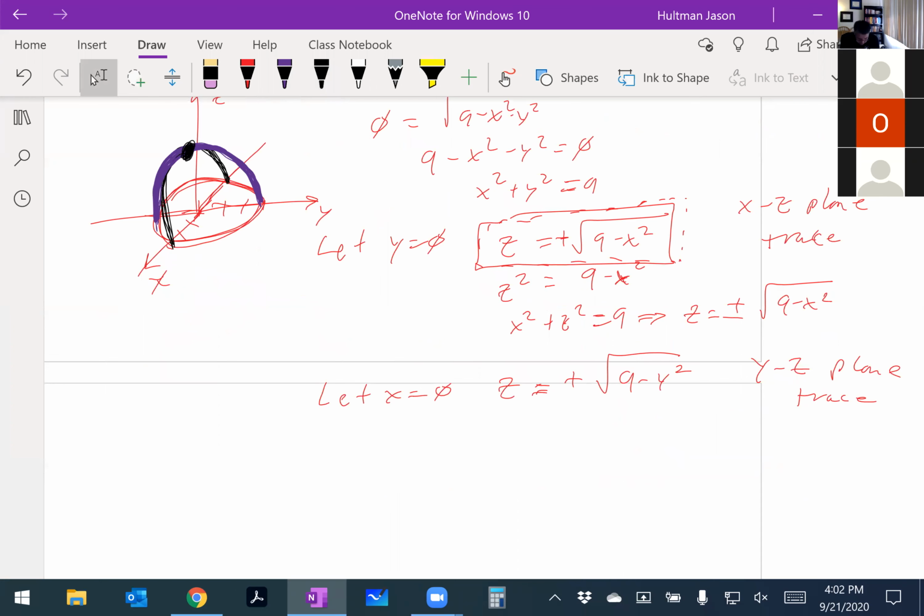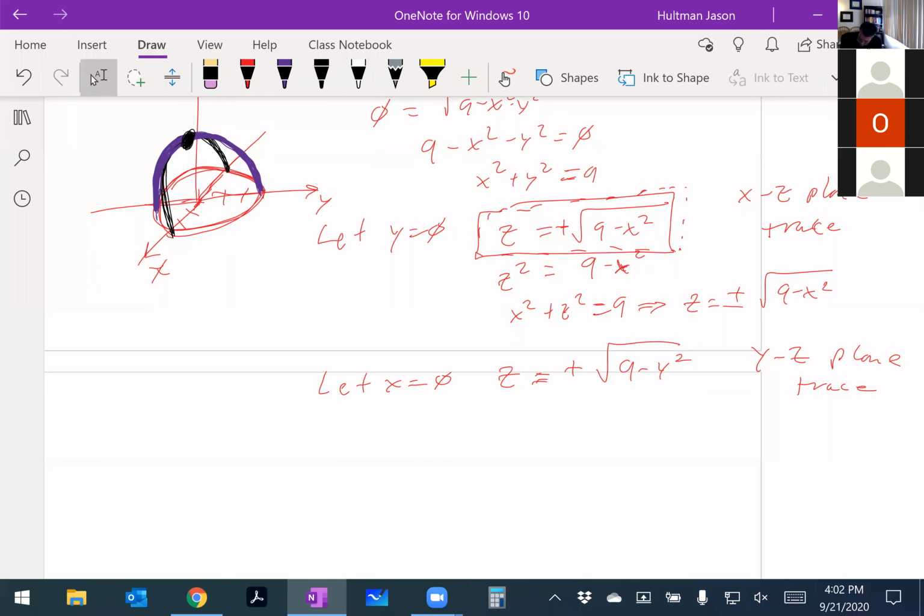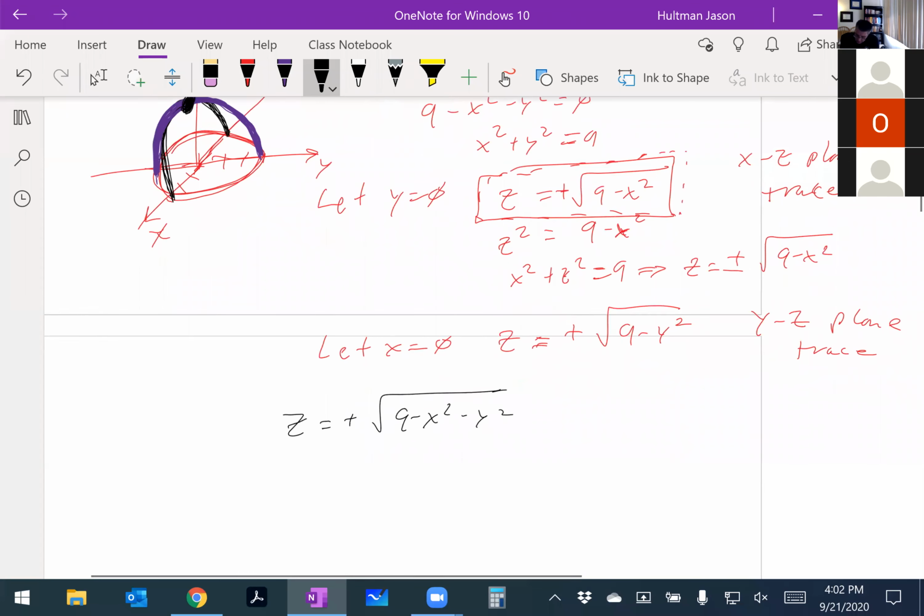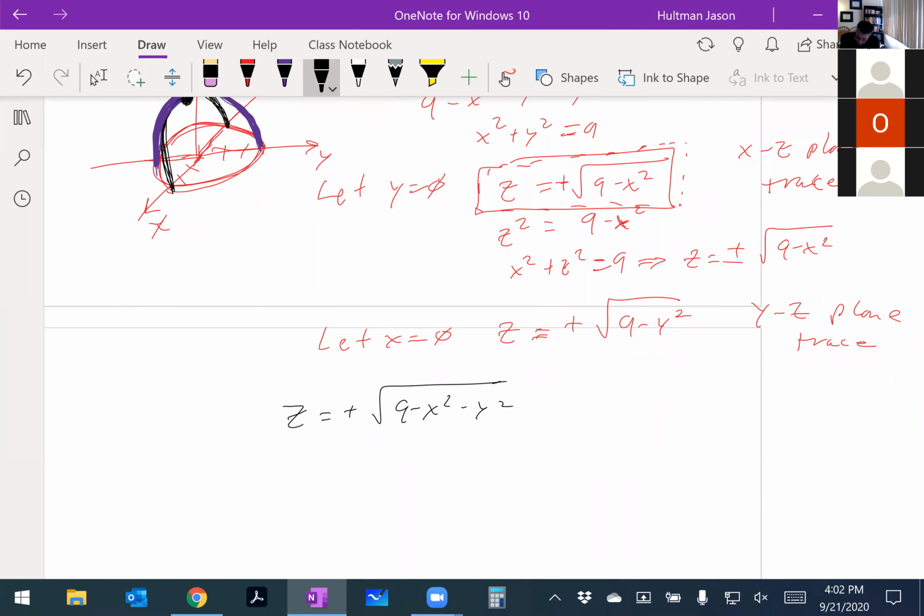Which should make sense because if you think of z equaling the square root of 9 minus x squared minus y squared, and I square both sides, thinking of that as the positive, I would get x squared plus y squared plus z squared equals 9, which is a sphere of radius 3.